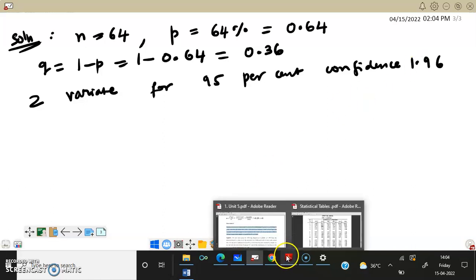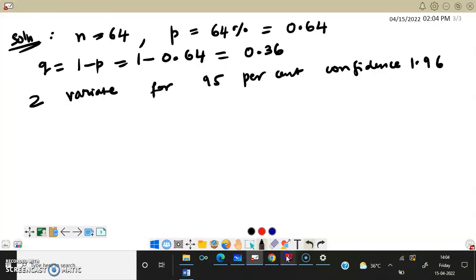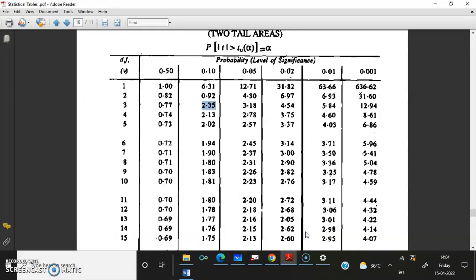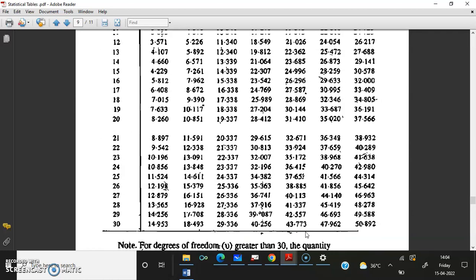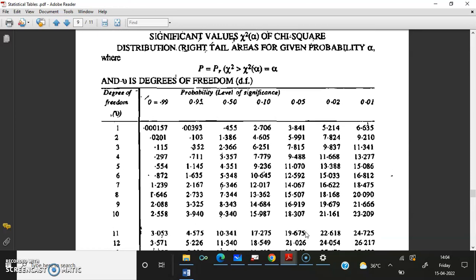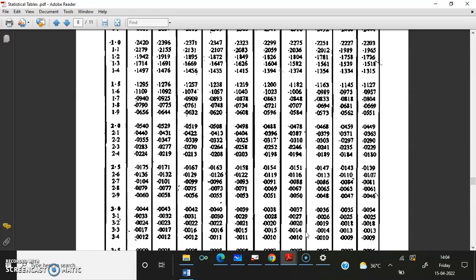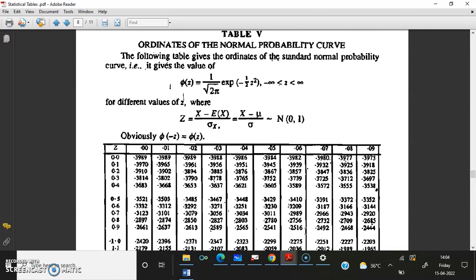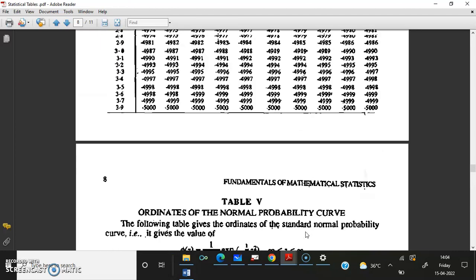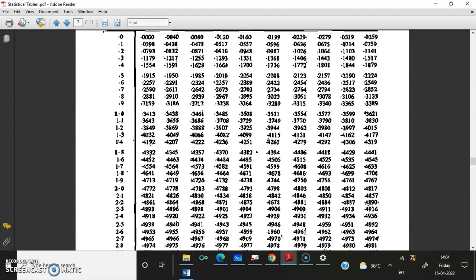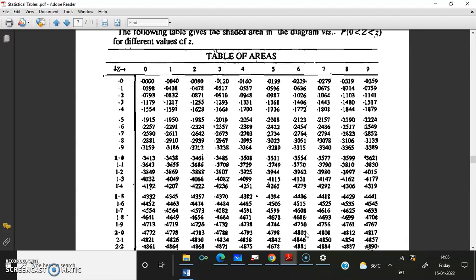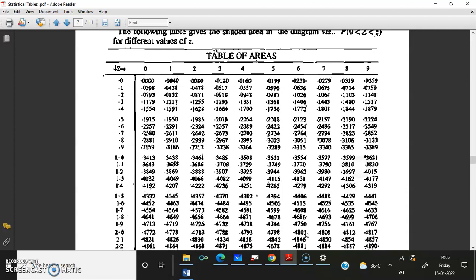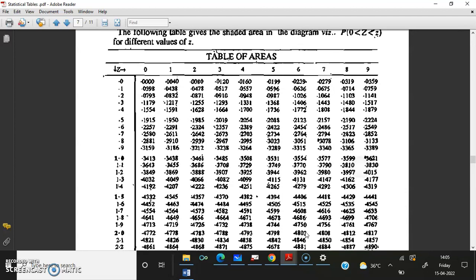So you can see the normal curve area table. Once again, this is T table, right? You can go to the normal curve area table. This is chi-square. Ordinates, so we are not going to see the ordinates. It's 95%. Okay, we are going to see 95% confidence interval.